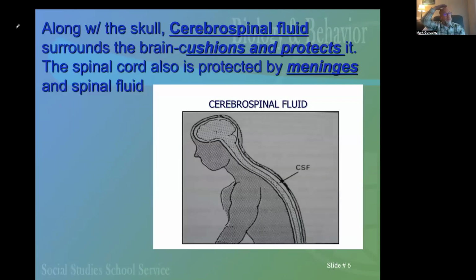So, along the skull, the cerebrospinal fluid surrounds the brain, and that cerebrospinal structure, which goes all the way down, is cushioning and protecting it. The meninges and spinal fluid are all part of that one system.